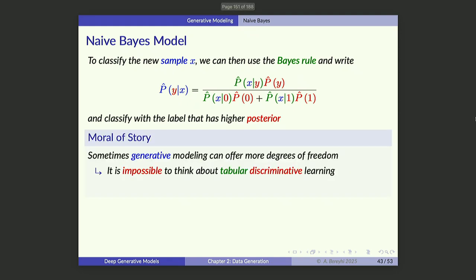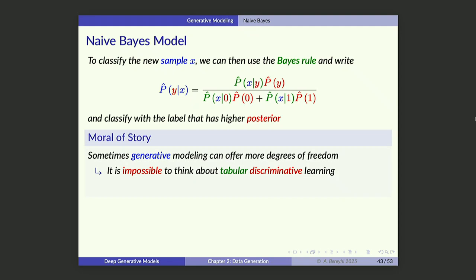So moral of the story, when you use a generative model, you're able to give a very dummy model for your generative distribution, even simpler than a linear model, whereas you could not do it in the discriminative formulation of the problem, because there was no way to define the discriminative model in this tabular form.